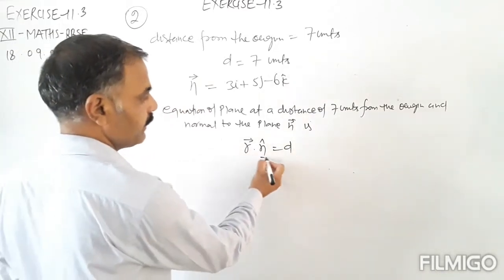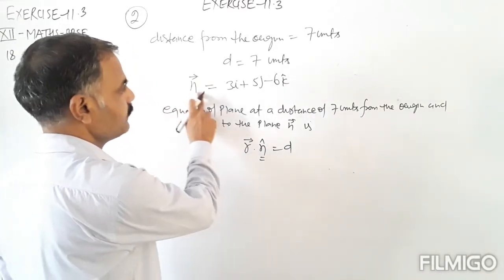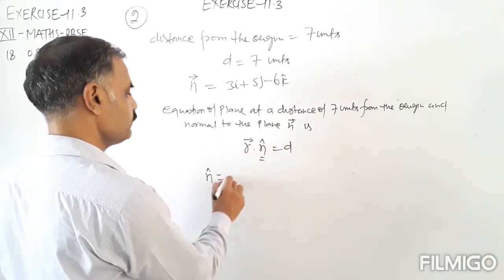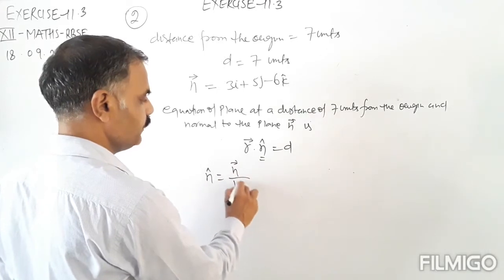Okay, so we have to find the n cap. N vector is given, we have to find n cap. N cap means unit vector. So n cap is equals to n vector divided by its magnitude.